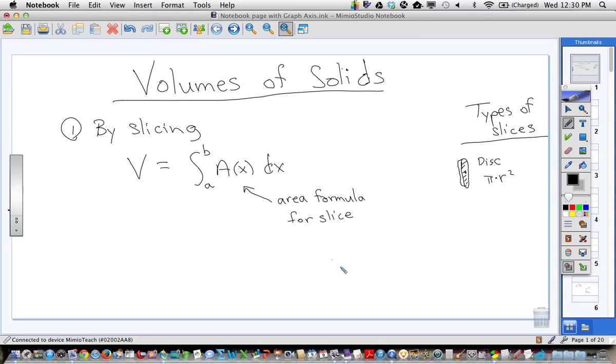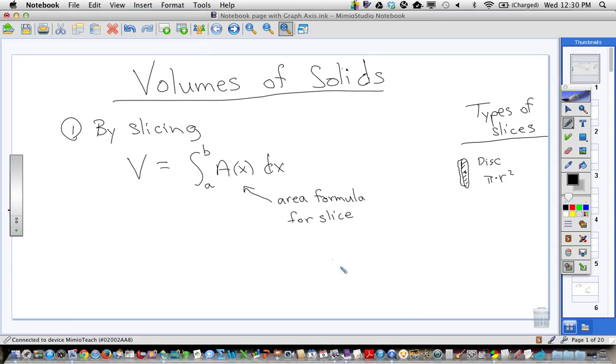What we're going to do is generate a list over here of different types of slices we could have. In other words, any object that we can slice either this way, like 9 and 10 were, or this way, where every slice has the same shape, then we can do this method.